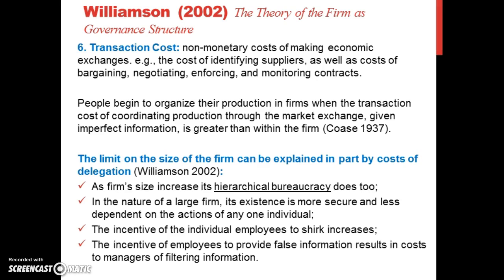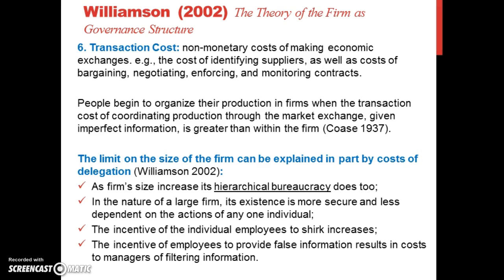He argues that due to imperfect information in the market, people need to pay expensive transaction costs of finding good suppliers. Since we cannot really know the quality of many products, we cannot judge which supplier is good. And then, people start to organize that production in their organization, such as family, community, or firms.